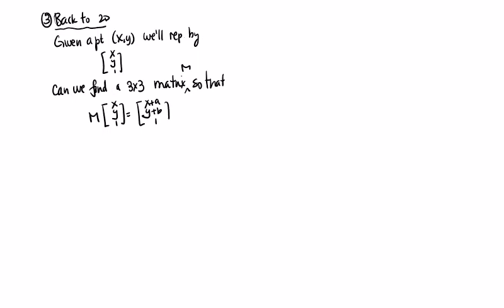So now the question is, can we find a 3 by 3 matrix, let's say called M, such that when I take M and multiply it by (x, y, 1), I get (x plus a, y plus b, 1). That's the goal. That way we can ignore the third coordinate and use the matrix multiplication to do the translation. So this would be nice.